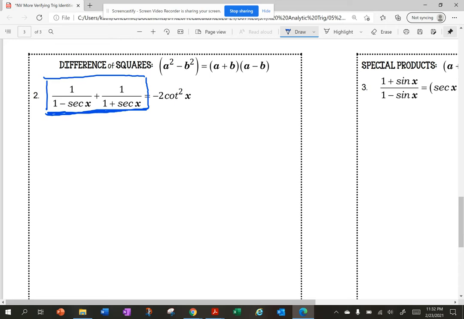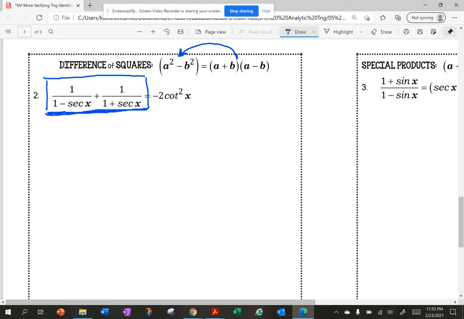Okay, so I see a minus b and a plus b in the denominator. So I see the factored form. If I multiply by the conjugate, I know that I will go from this form into the a squared minus b squared form.